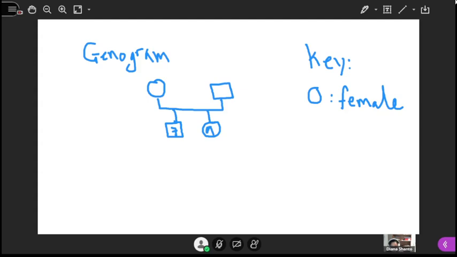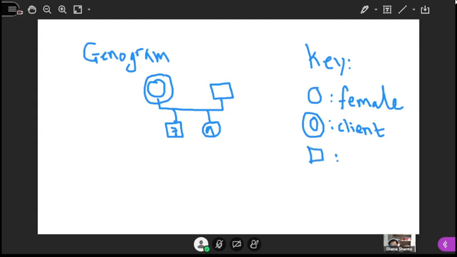Donc, Katie is our client. We double it. This is our client. You can say identify client or just client. So whatever you write here, the symbols, square is for male.